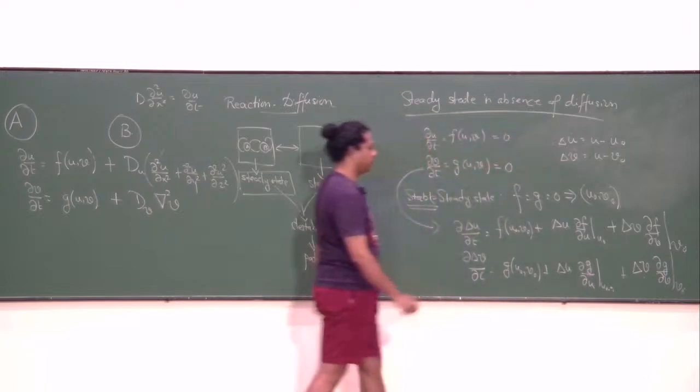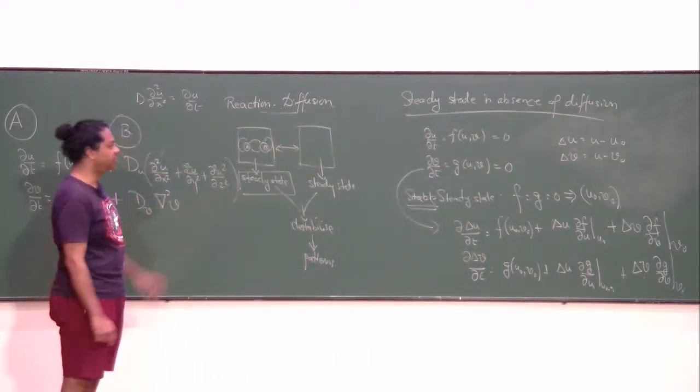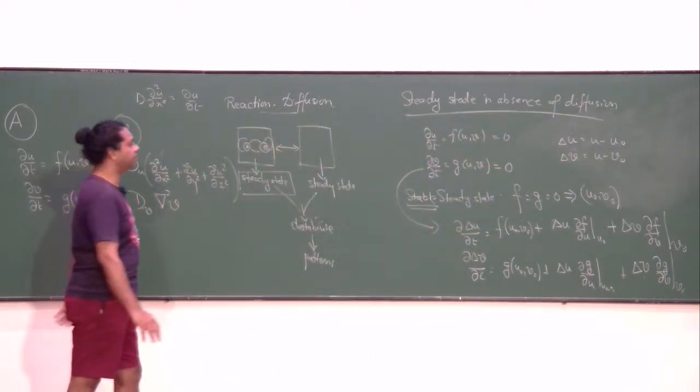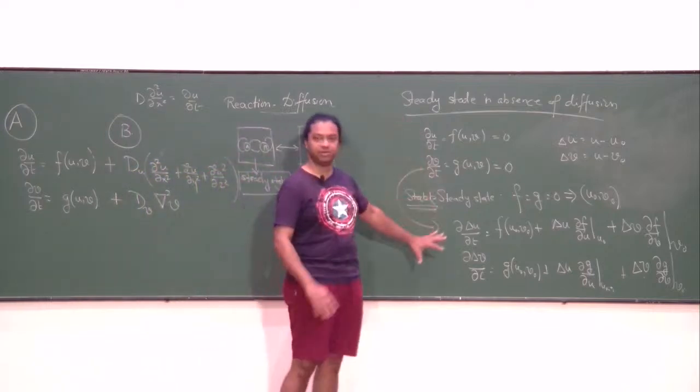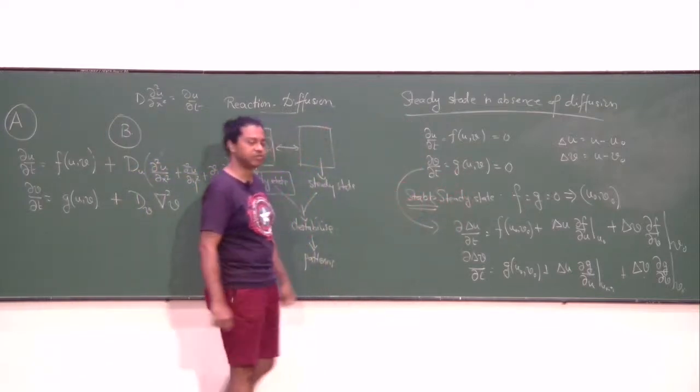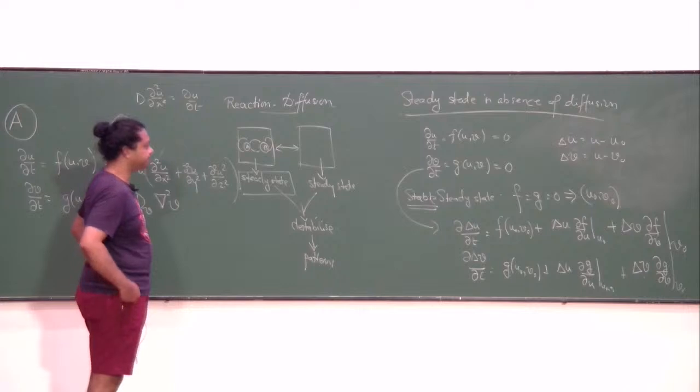I'm just writing out this initial part. The second part, which is a little more complex, I won't write out, but the plan will be exactly the same. That's why I'm just taking 5 minutes to do this first part.